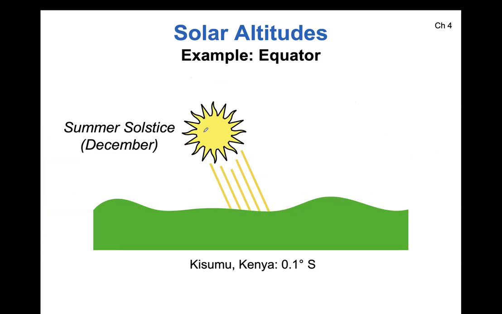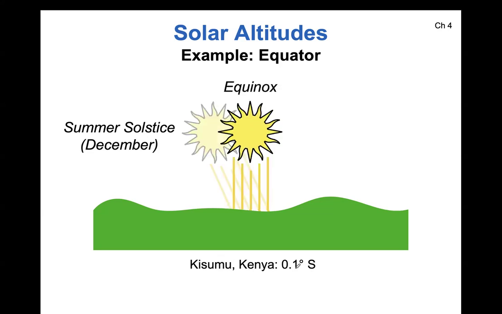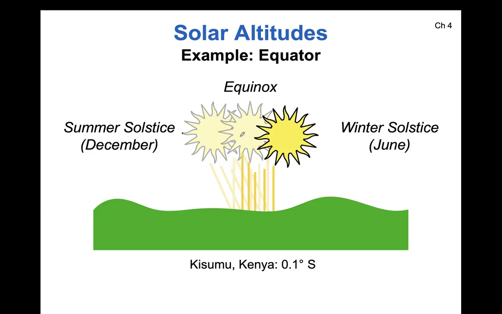Quick example, look at the equator, summer solstice. So they have a location in Kenya, basically at the equator, just 1/10 of a degree off. Then looking at that same latitude, again basically equatorial, at the equinox. So we went from the sun being not quite vertical in December, to it being right vertical at the equinox.